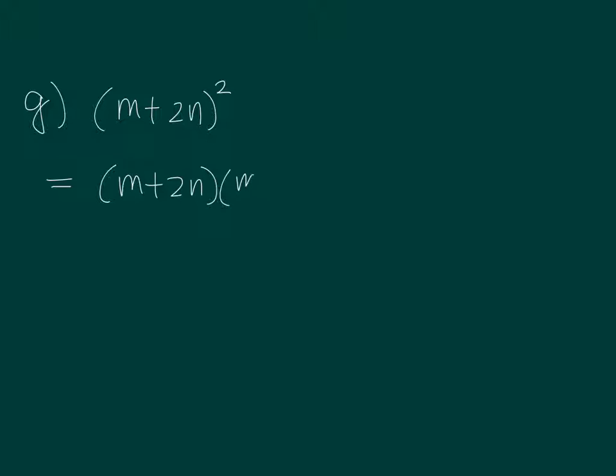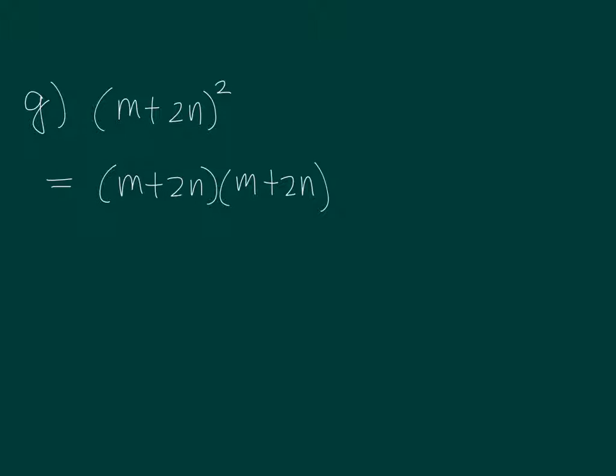Okay, so if you refer to your test paper, the letter G is m plus 2n squared. Okay, so how do we expand a binomial squared? Now first, we could think of m plus 2n squared as m plus 2n times m plus 2n.